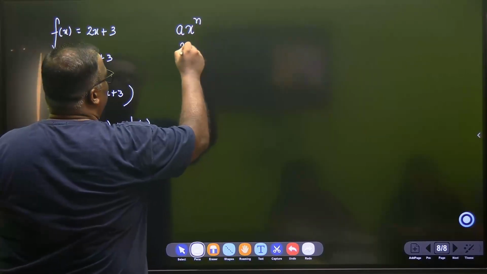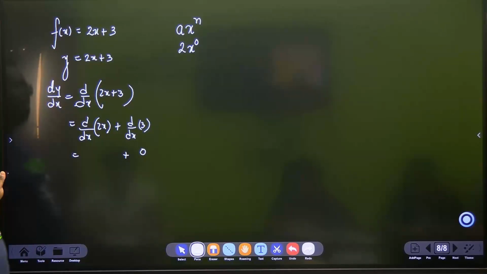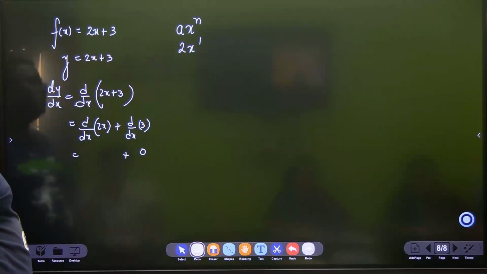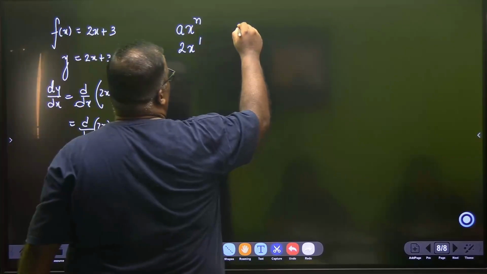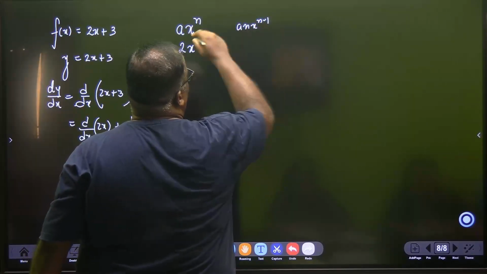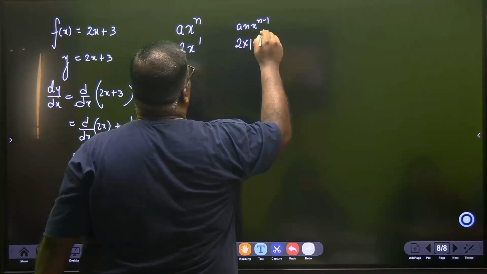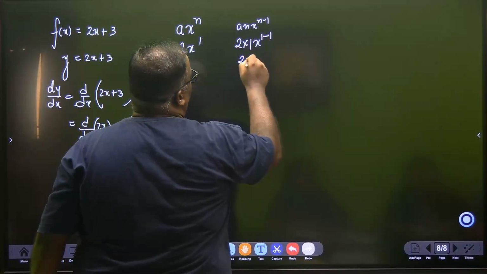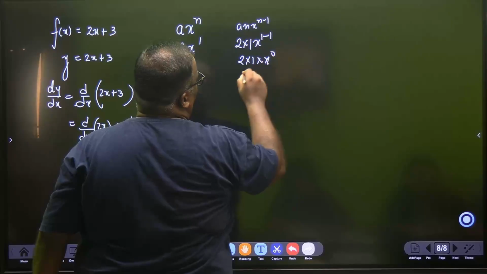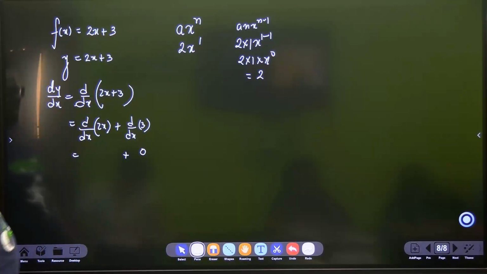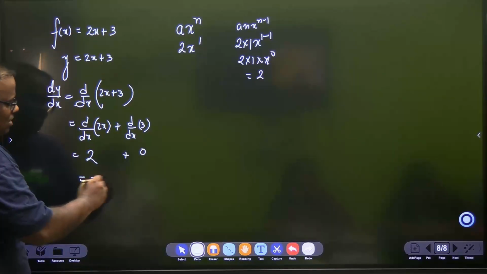You have 2x to the power 1. The derivative is a n x to the power n minus 1. So you retain your 2, you bring down your 1, x to the power 1 minus 1, which is 2 into 1 into x to the power 0, which is 2. So the answer is 2.